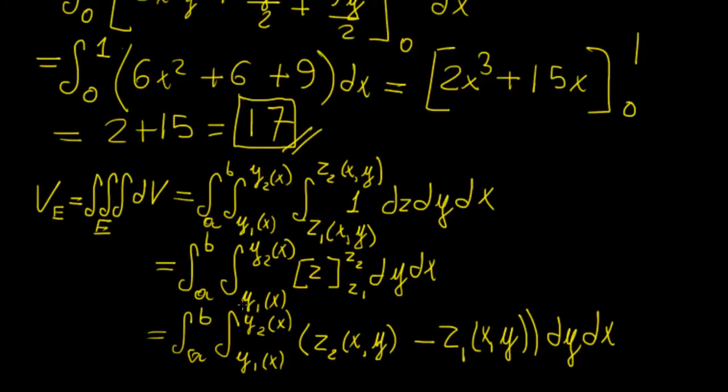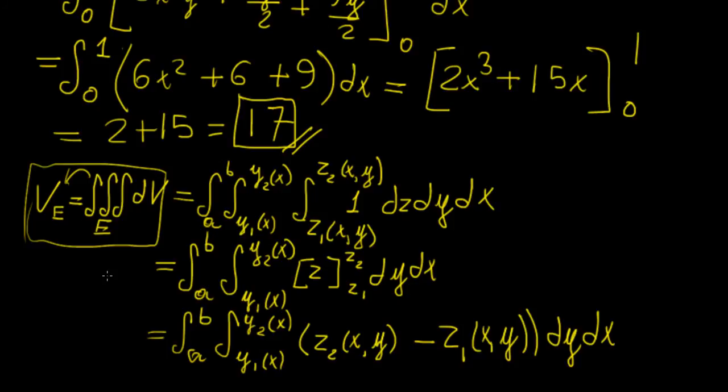And if that reminds you of anything from double integrals, you would know that this is actually the volume. This will give you the volume between two surfaces. So this is why this particular definition represents the volume of that region. So that's really interesting. It's pretty much the same, but this is where this comes from. So there's a nice connection between those two definitions.